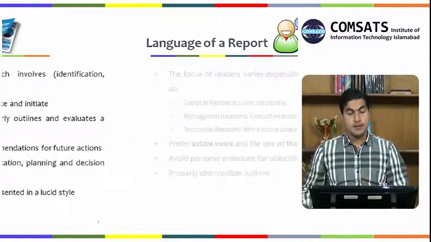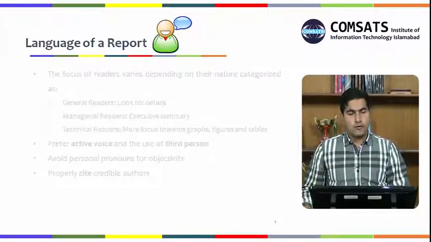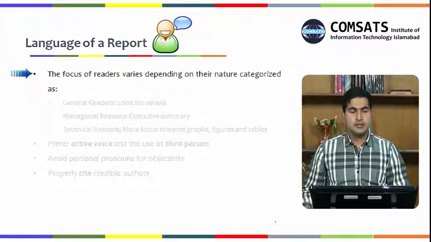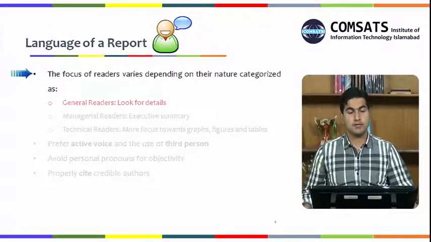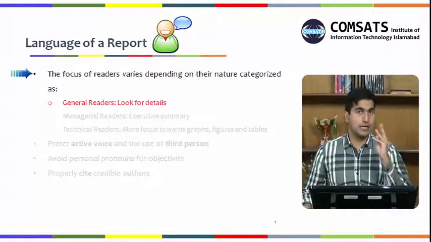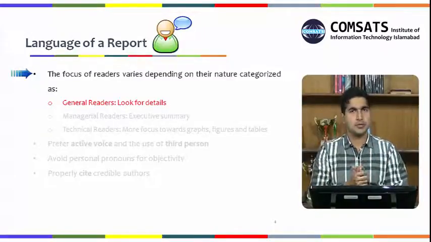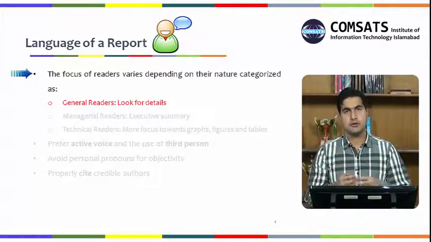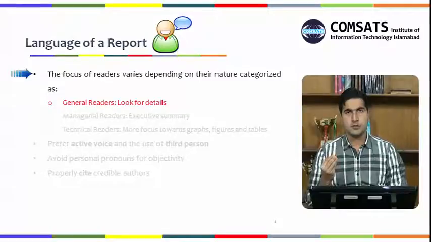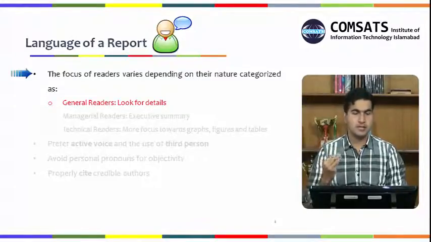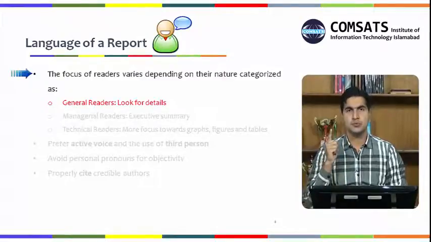But move ahead. In the case of the reader or the nature of the audience, the focus of the reader of course varies depending on their nature. As we talked about, you basically have those three categories, especially with respect to your technical writing or professional writing. You have those general readers, of course, who do not have that much expertise when it comes to technical knowledge, and that is why there is always a need to go into detail.